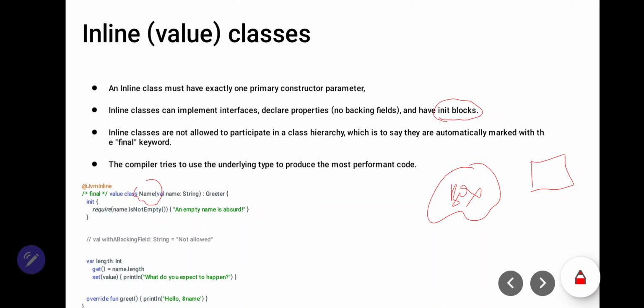You have to think about this init block. It means before you send this box, or if you give a gift and want to send it to your friend, you have to check whether there is any content inside of this box or not.